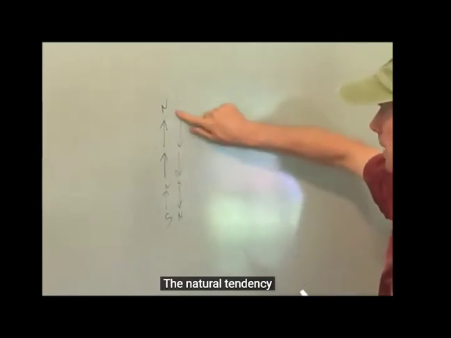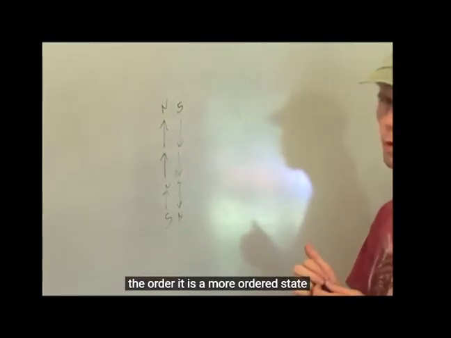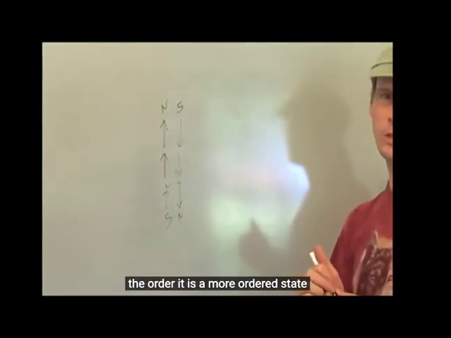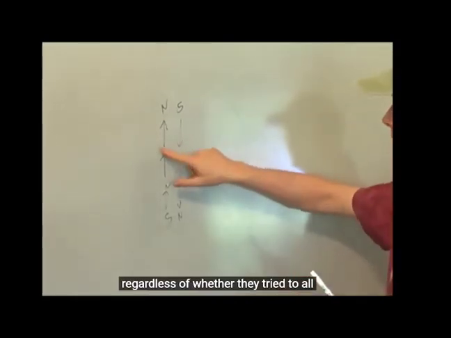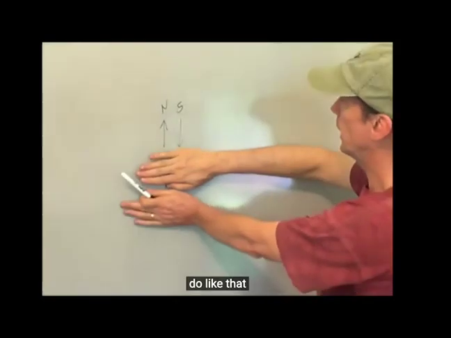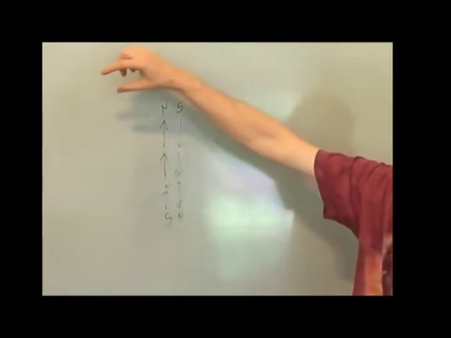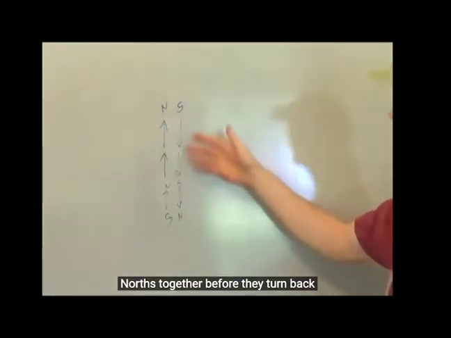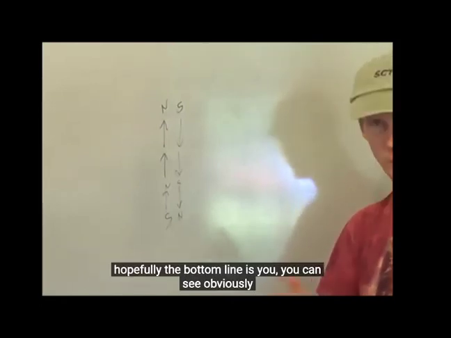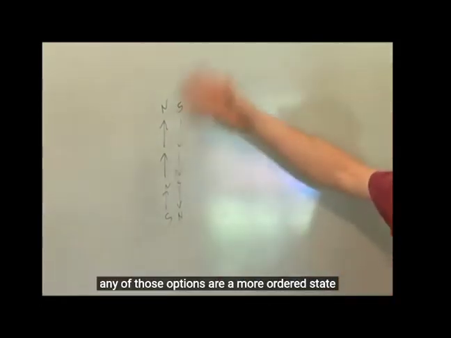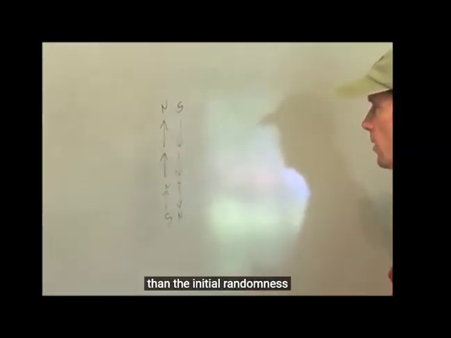The natural tendency is, regardless of the order, it is a more ordered state than the initial randomness. Regardless of whether they all do like that, or they extend some and have a lot of norths together before they turn back the other way. Hopefully the bottom line is you can see that any of those options is a more ordered state than the initial randomness.